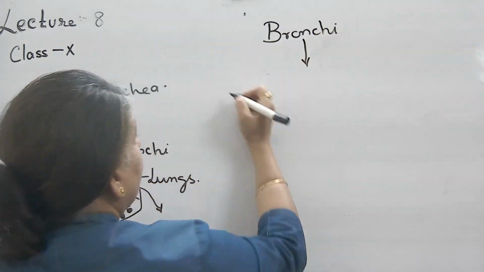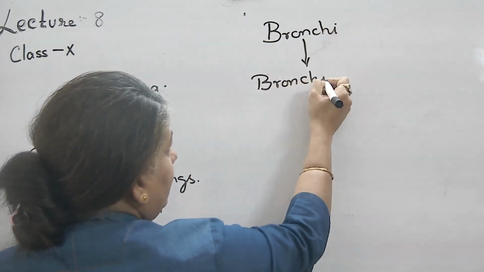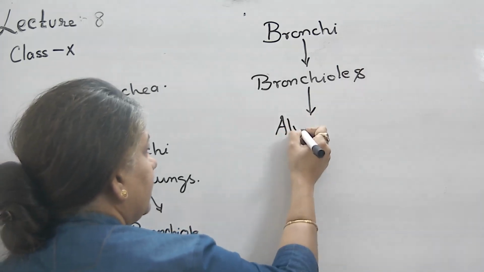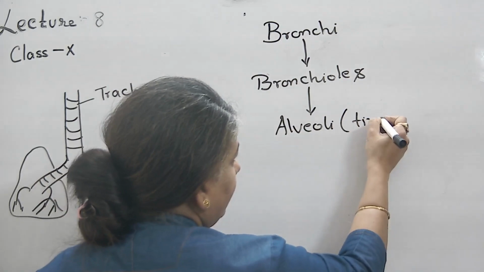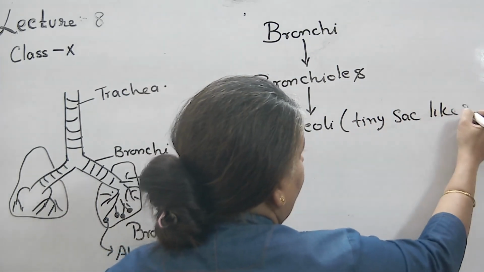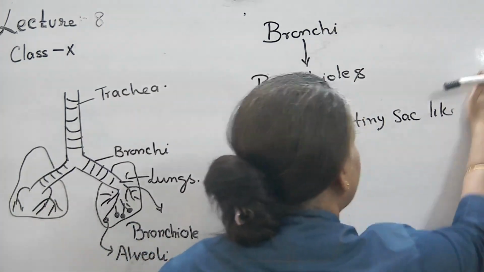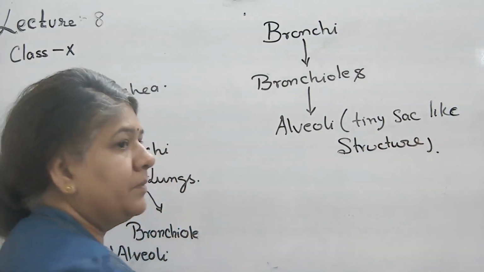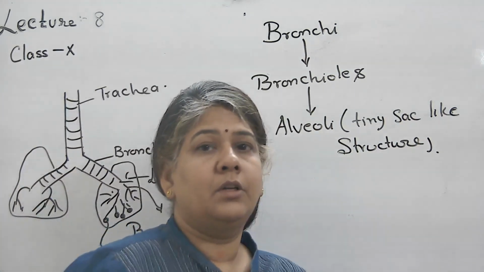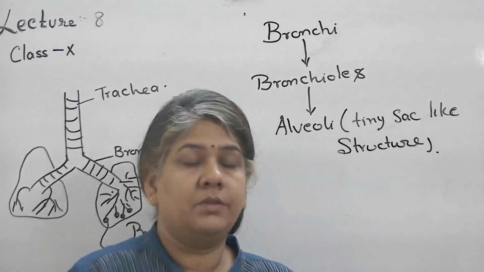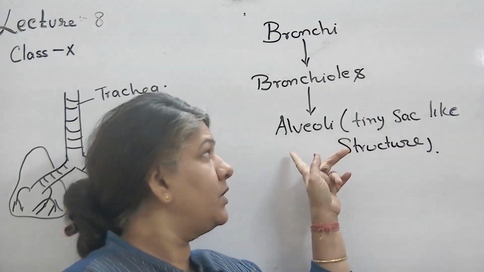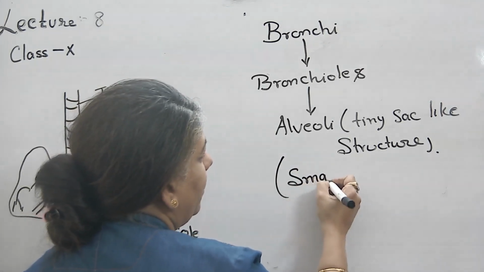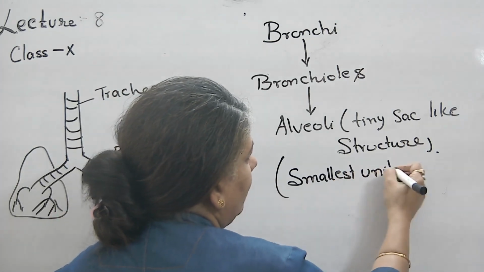Bronchi divides into smaller branches called bronchioles, and the smallest branch of the bronchiole will have alveoli, which are tiny sac-like structures. So this is the complete network through which air enters our lungs, and it is in the alveoli that exchange of gases will take place. So alveoli are the smallest unit of lungs, you can mention it.